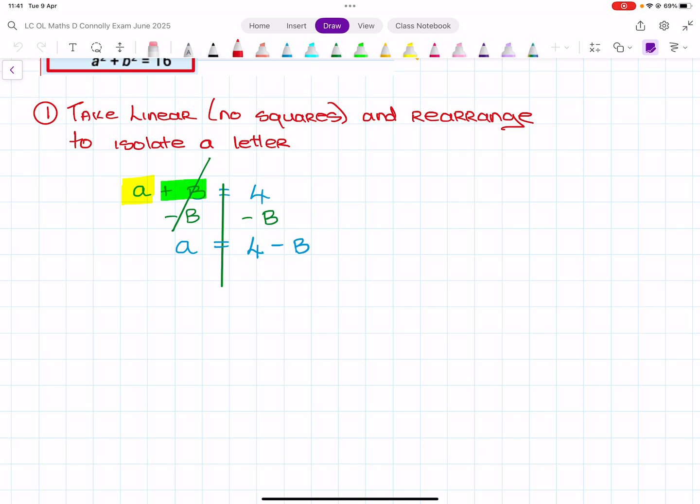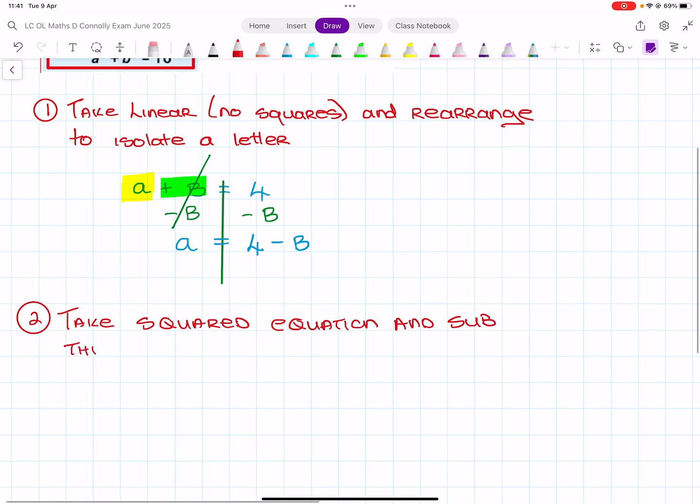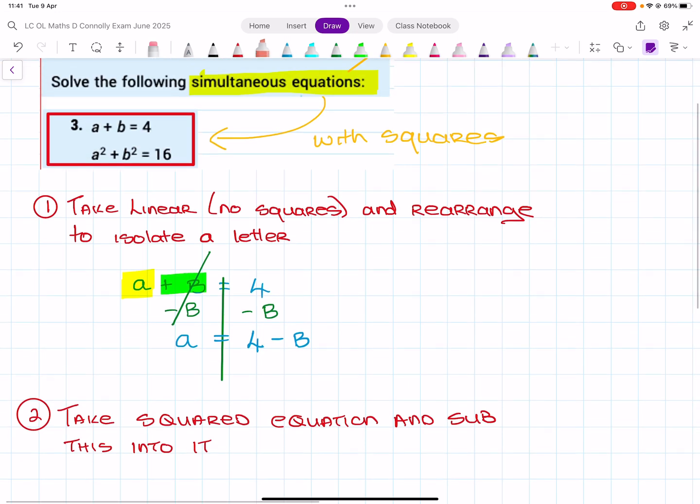The second step is you take the squared equation and sub this into it. So I'm going to go back up here and take the squared equation and write it down.